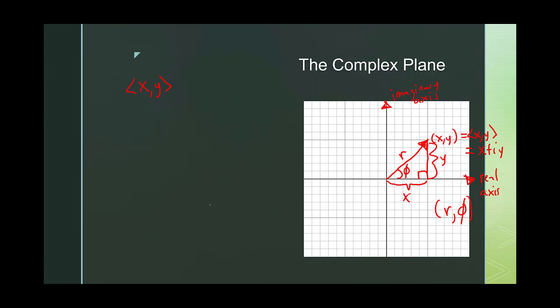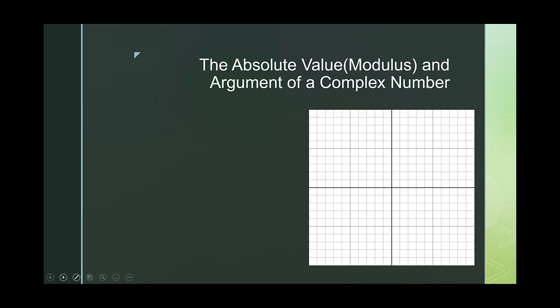Now what's nice about this interpretation is we still have the same formulas that we did back in Calc 3, except we have slightly different vocabulary for it. So we call r the modulus of z, or the length of z.